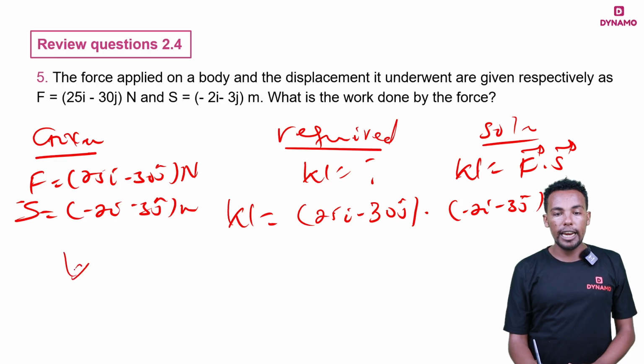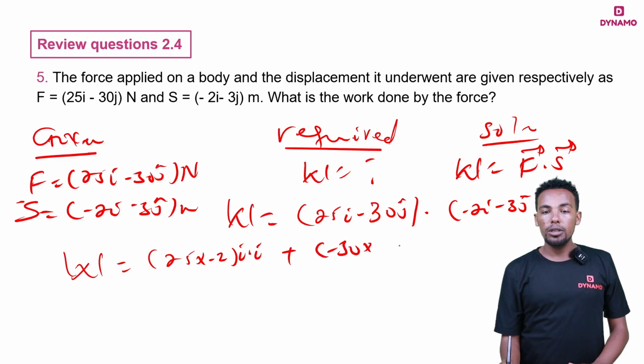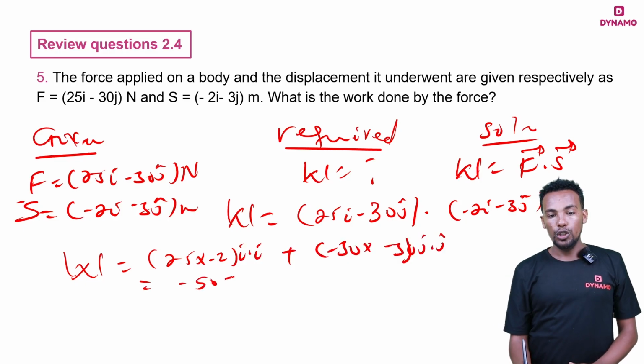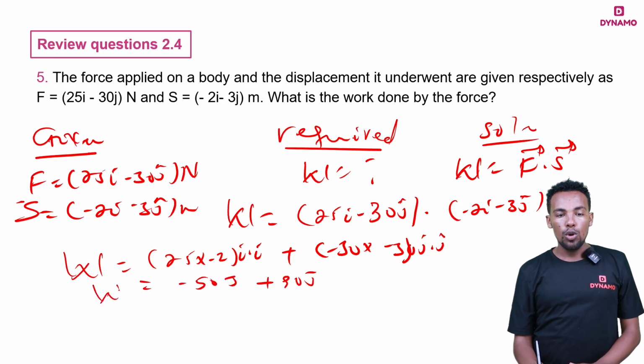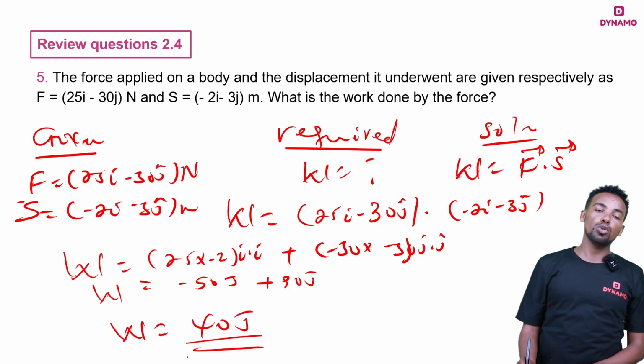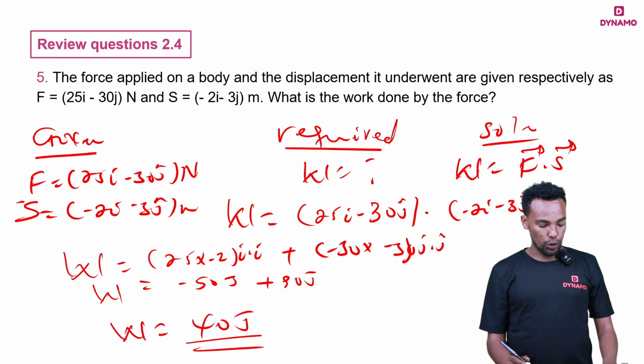This gives 25 times minus 2 (I dot I) plus minus 30 times minus 3 (J dot J). That is minus 50 joules plus 90 joules. Adding them, the work done is 40 joules.